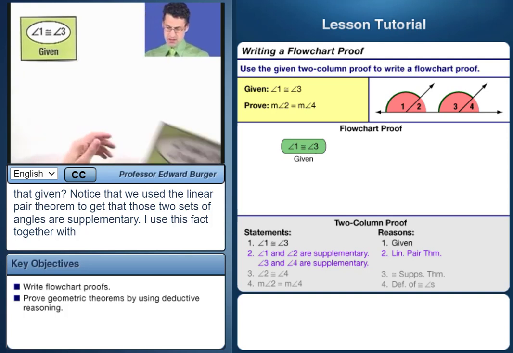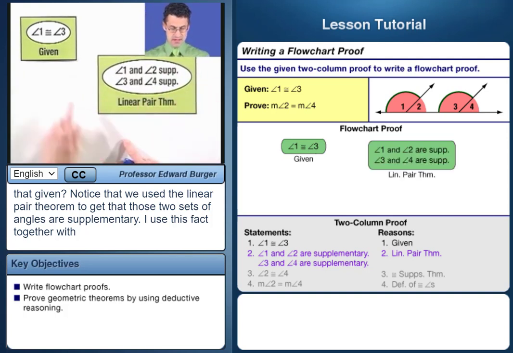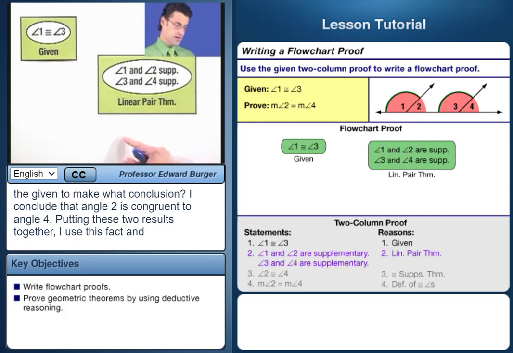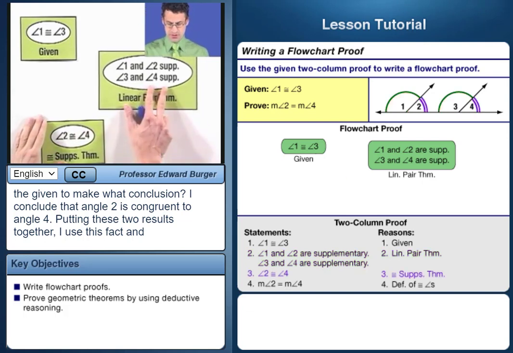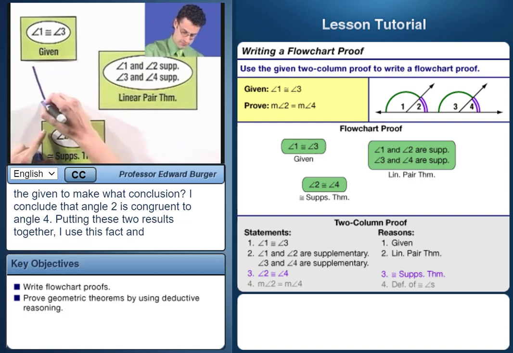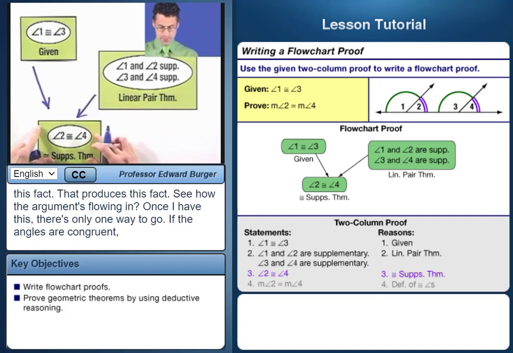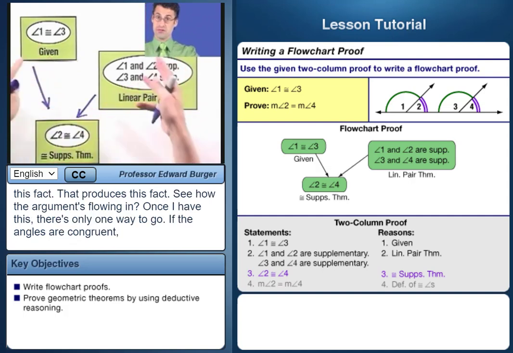So in fact, I use this fact together with the given to make what conclusion? Well, I conclude that angle 2 is congruent to angle 4. So putting these two results together, I use this, and I use this fact, and that produces this fact. You see how the argument's flowing in?